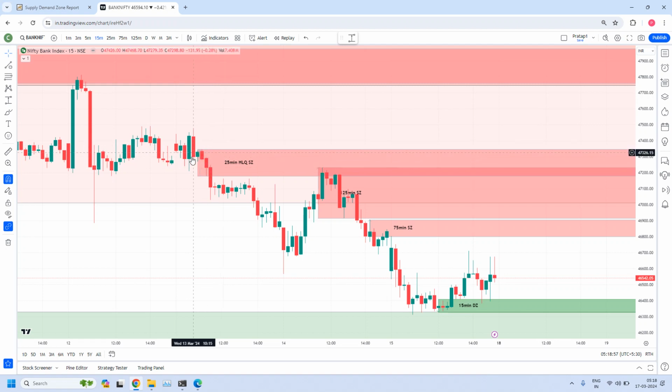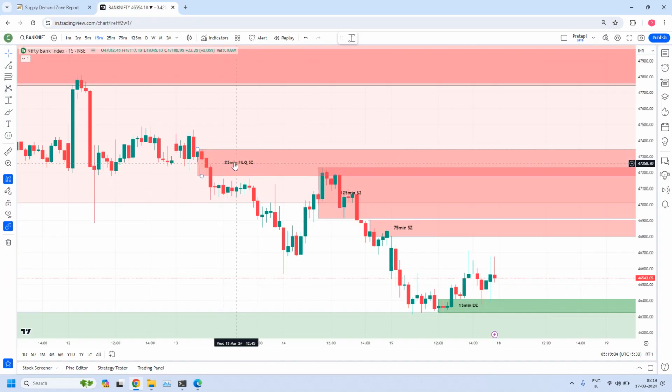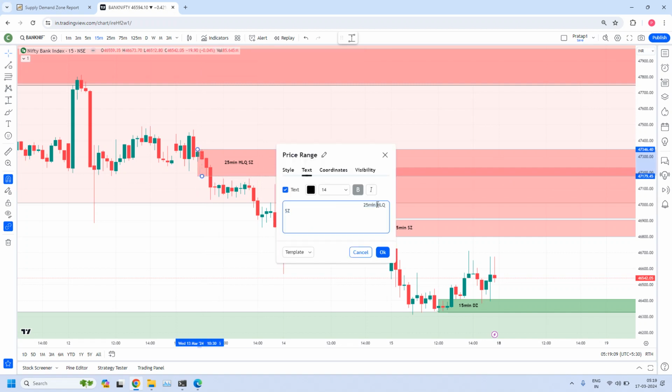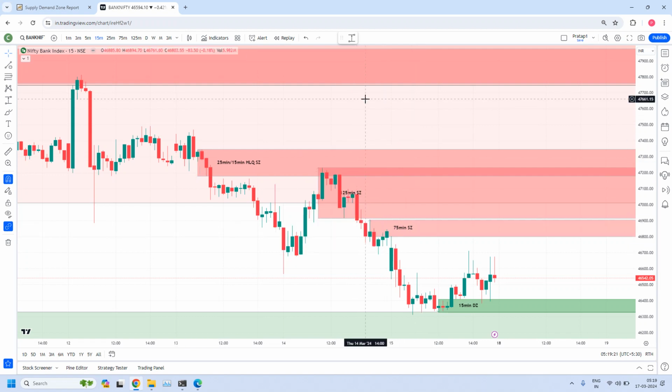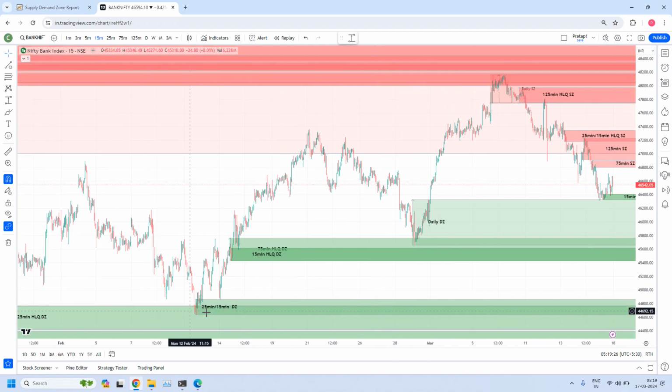This is the one. 13th March, 10:15, and it has 3 base candles. That means this entire 25 minutes high liquidity supply zone is also a 15 minute supply zone. This is 25 minutes / 15 minutes.